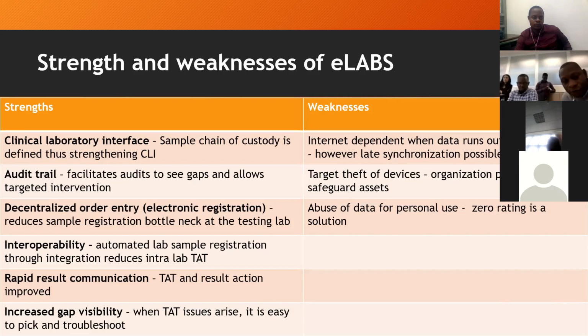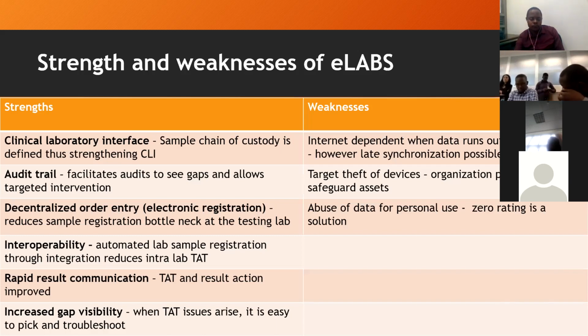So like any other app, eLABS has strengths and weaknesses. Some of the strengths that eLABS has are the sample chain of custody that defines and strengthens the clinical laboratory interface. It also facilitates us to see the audit trail and notice gaps and allows targeted intervention, as well as its decentralized order entry, which reduces sample registration bottlenecks at the testing lab.